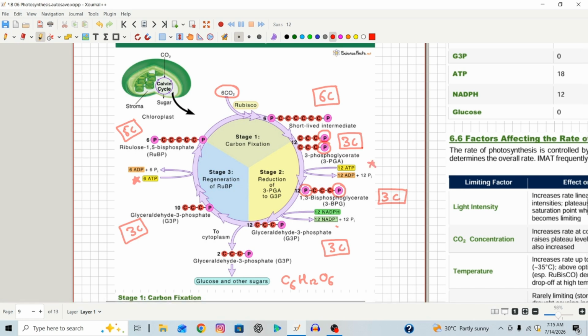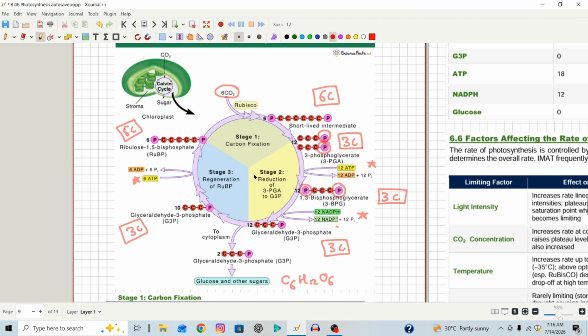So 12 ATP molecules were used here, and 6 ATP molecules were used here, and 12 NADPH molecules were used here. So in total, how many ATPs and NADPH were used? 12 ATP plus 6 ATP. So you used 18 ATP molecules and you used 12 NADPH molecules in the whole process.